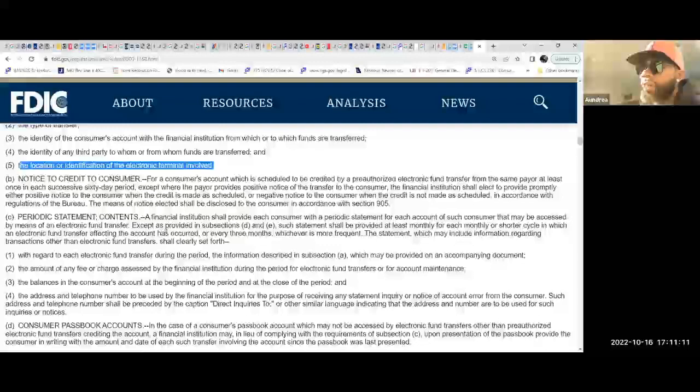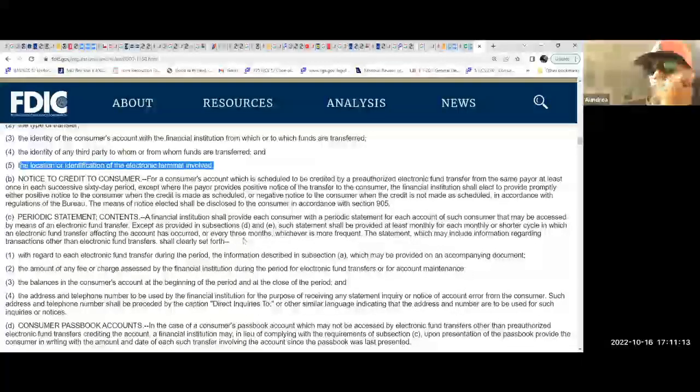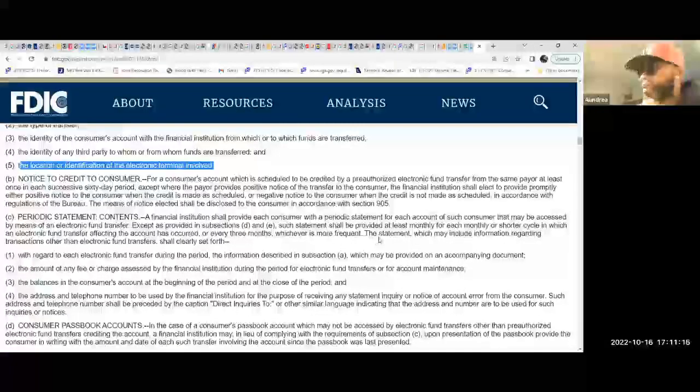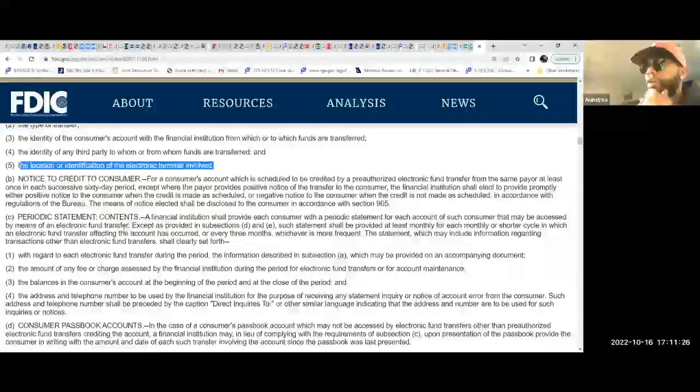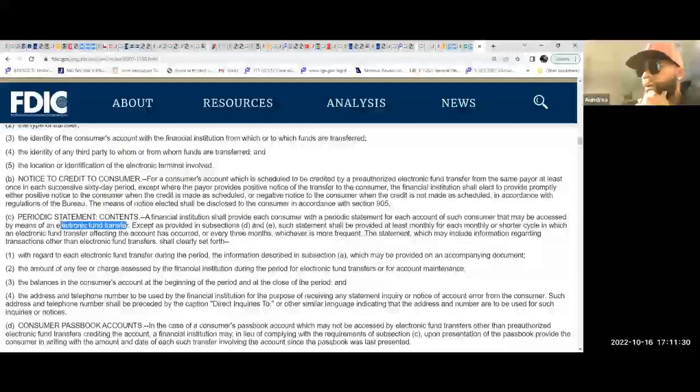Periodic statement content. A financial institution shall provide each consumer with a periodic statement for each account of such consumer that may be accessed by means of an electronic funds transfer. So everybody that you do business with pretty much gives you a statement. And the reason why they're giving it to you is because they are financial institutions.